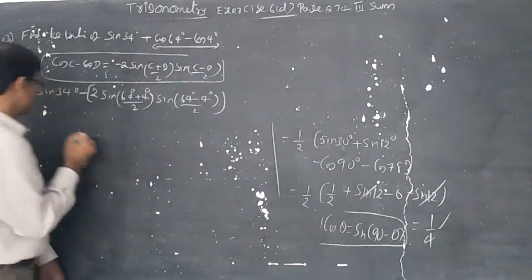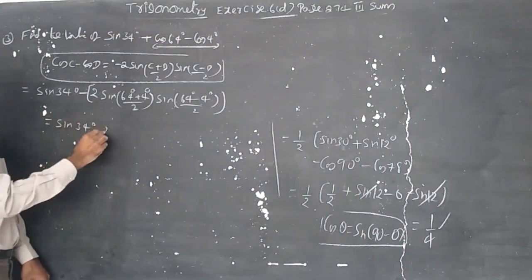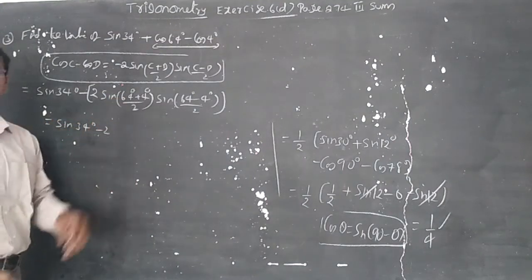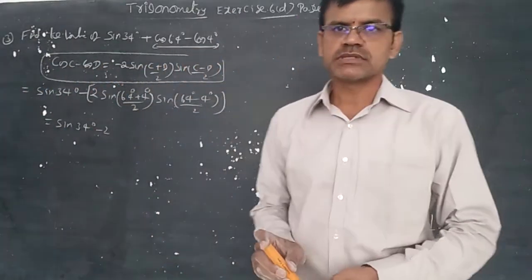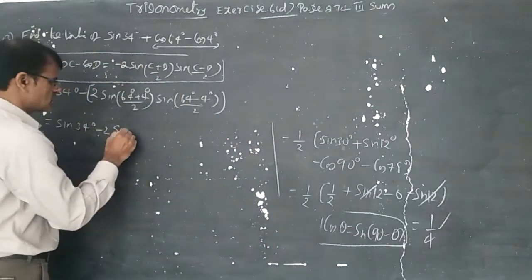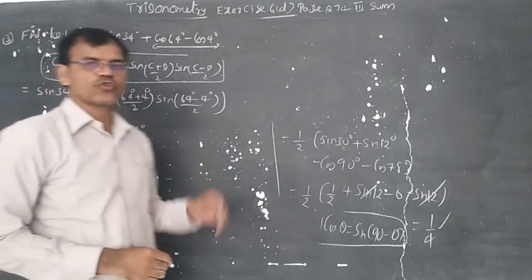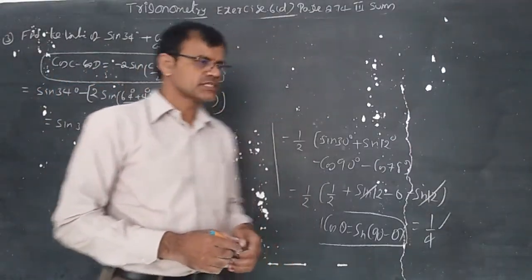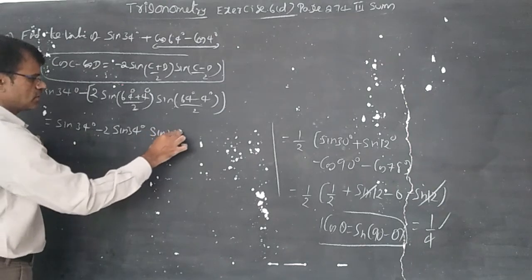That equals sin 34 minus 2 into sin of 68 by 2, which is 34, so 2 sin 34, into sin of 60 by 2, which is sin 30 degrees.